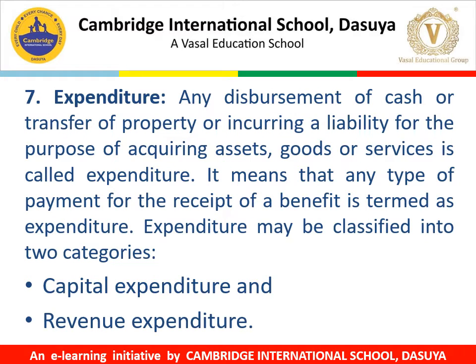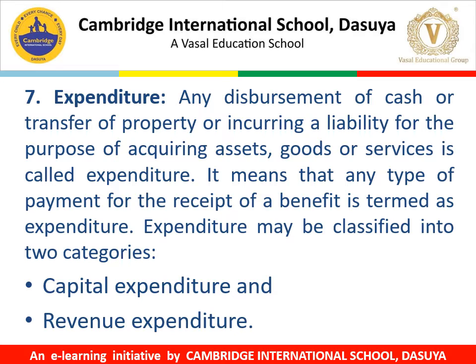The next term is expenditure. Any disbursement of cash, that is payment of cash, or transfer of property, or incurring a liability for the purpose of acquiring assets, goods or services is called expenditure.